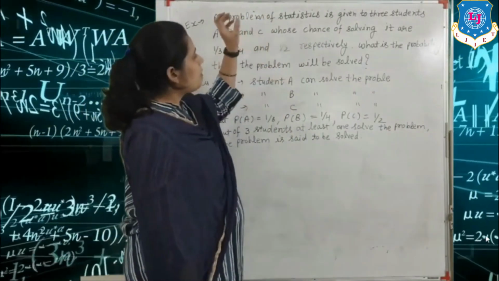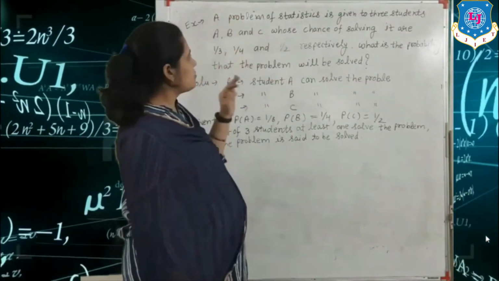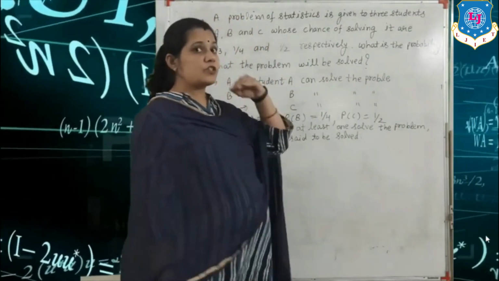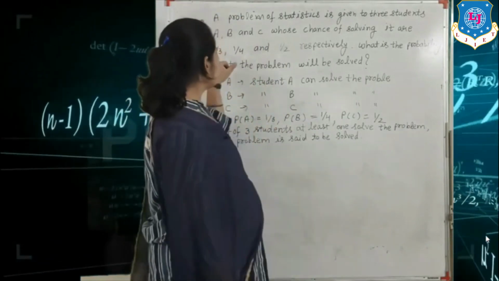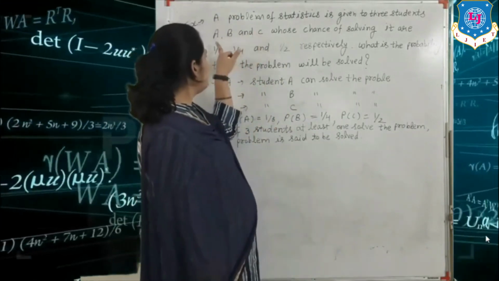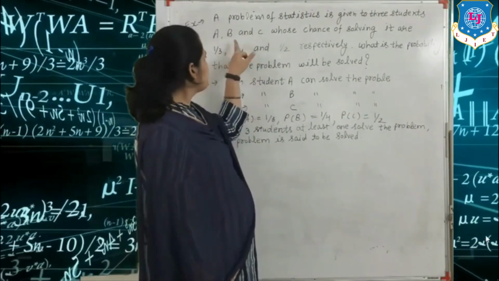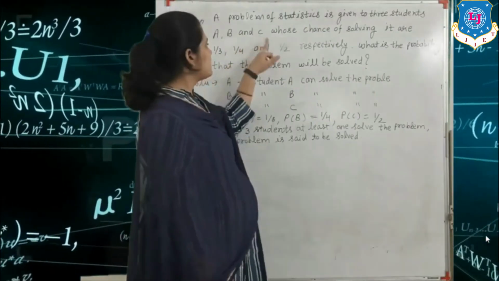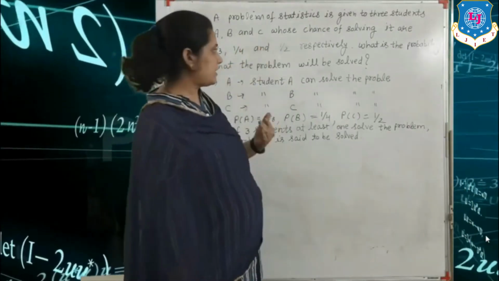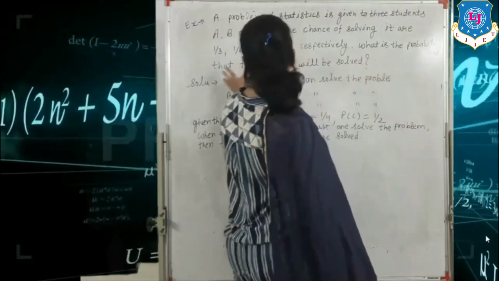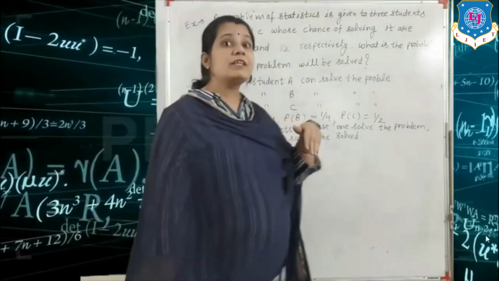So A's chance is 1/3, B's chance is 1/4, and C's chance is 1/2. What is the probability that the problem will be solved?